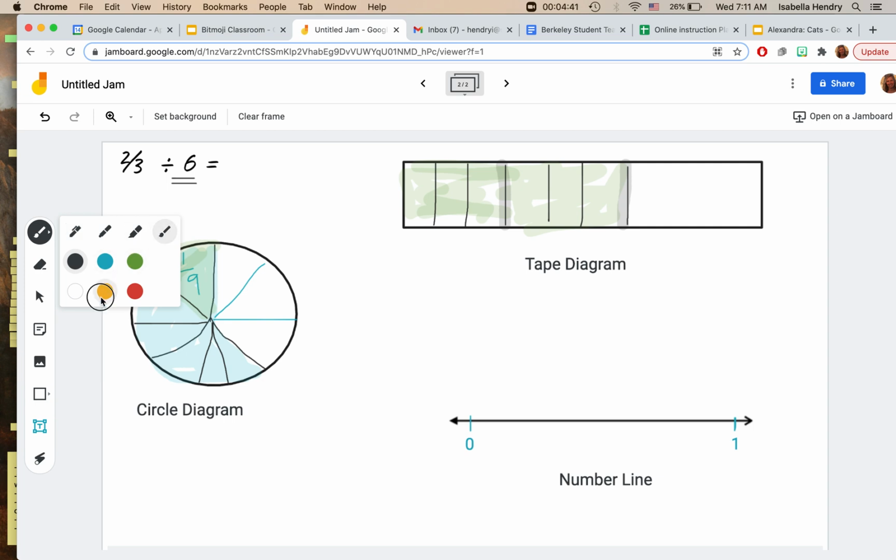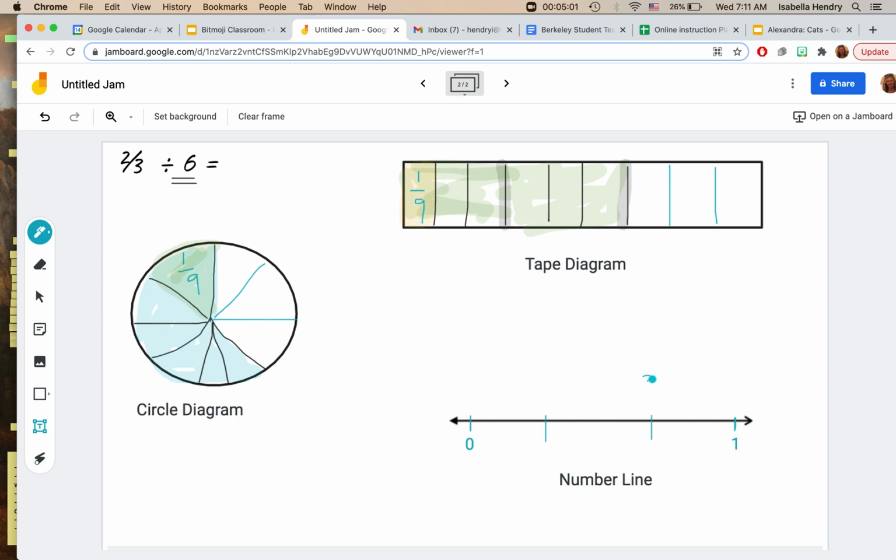So I want to know what fraction of my whole rectangle one of those 6 pieces is. So if I draw the same number of pieces in the rest of my rectangle, I can see that I have 3, 6, 9 pieces. That's 1/9.